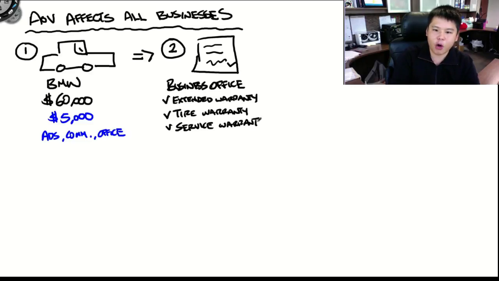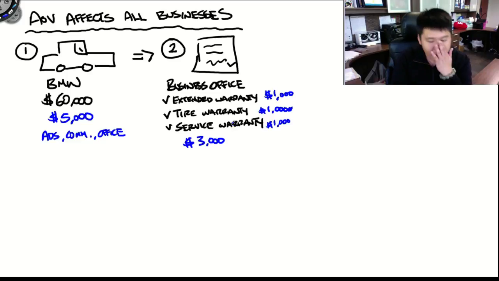Because let's say they're able to make $1,000 on each of these warranties, and you simply say yes to all of them. The dealer automatically went from making $5,000 to making $3,000 more. We've covered a lot of these before, and we call these the upsells, right?